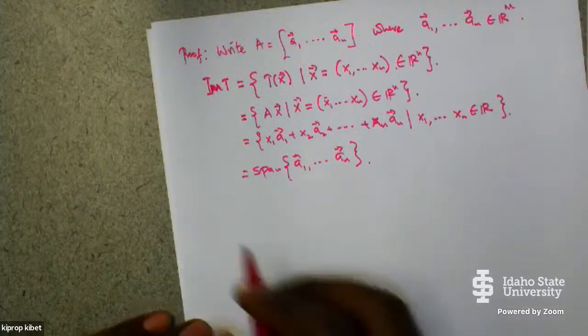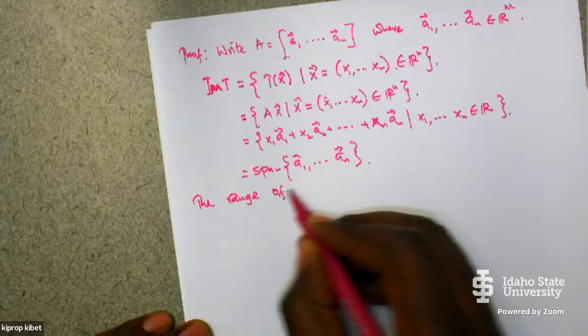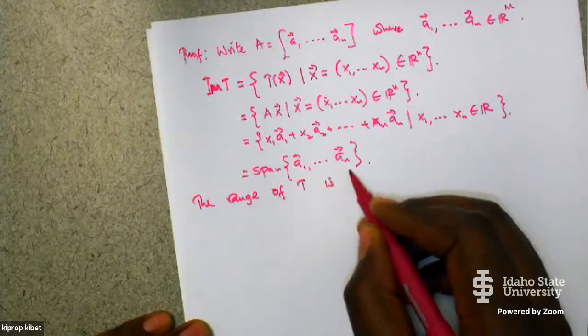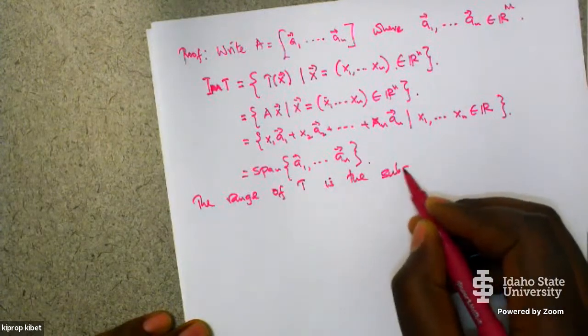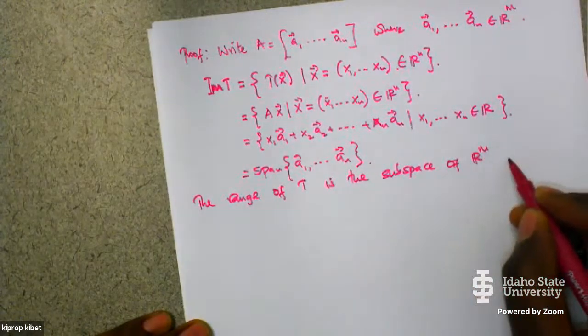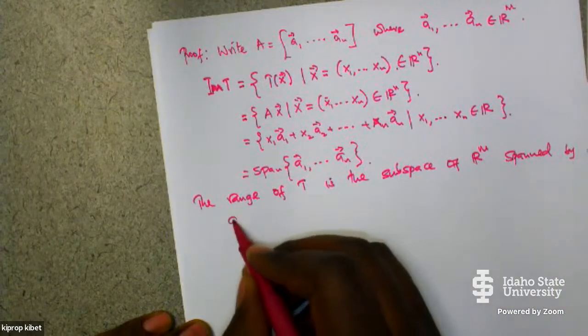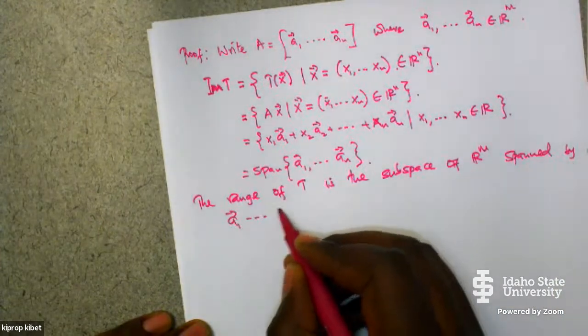So then we can say the range of T is the subspace of Rm spanned by A1 all the way up to An.